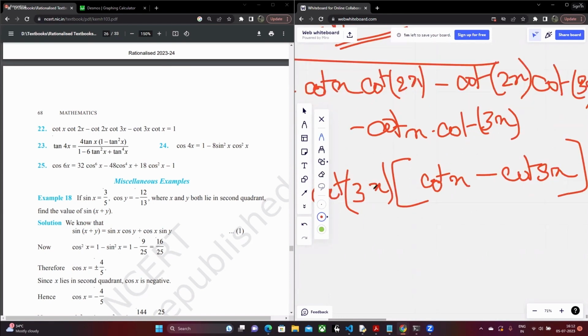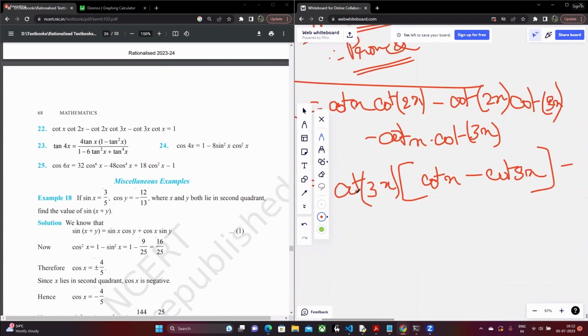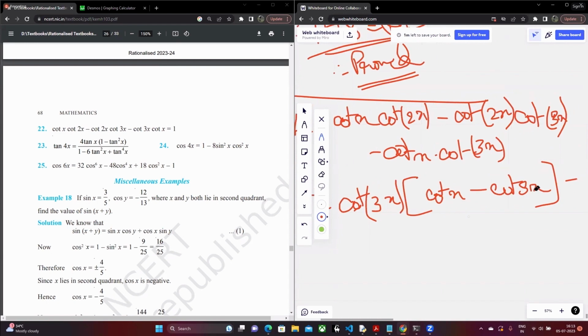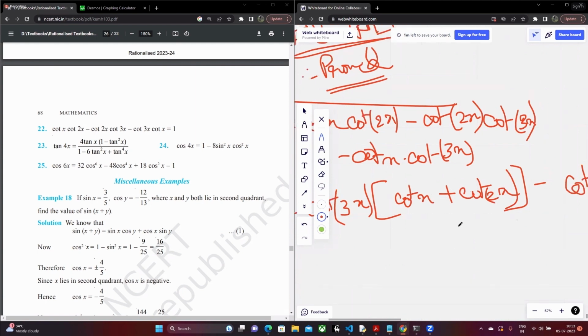Yeah. So if I take cot 3x common, then what I'm going to have is minus cot 3x into this is cot x plus cot of 2x. It's going to be 2x. Right? And this is going to be a plus. This is going to be cot x.